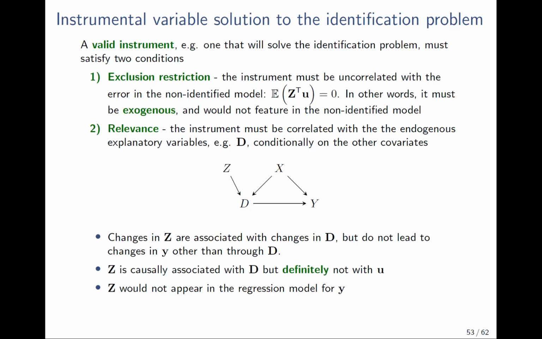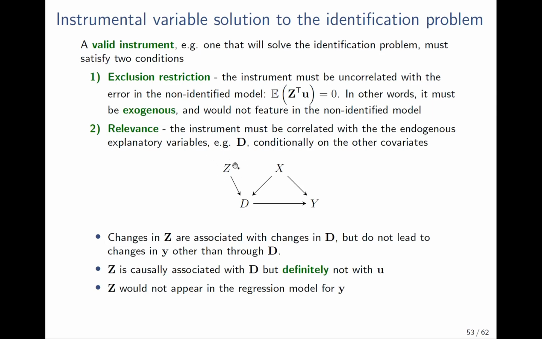Secondly, the instrument must be what's called relevant. That is, the instrument must be correlated with the endogenous explanatory variables, which we call D here, conditionally on the other covariates. So this is a DAG that demonstrates the relationships that are embedded in an instrumental variable model that are required for identification.